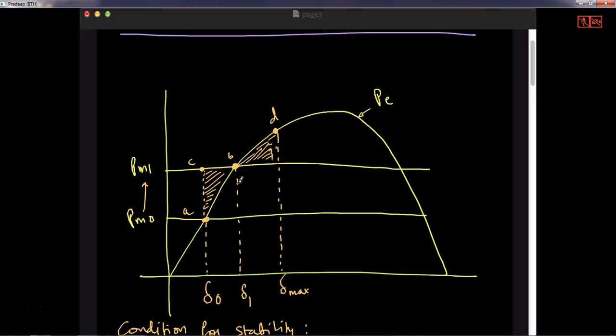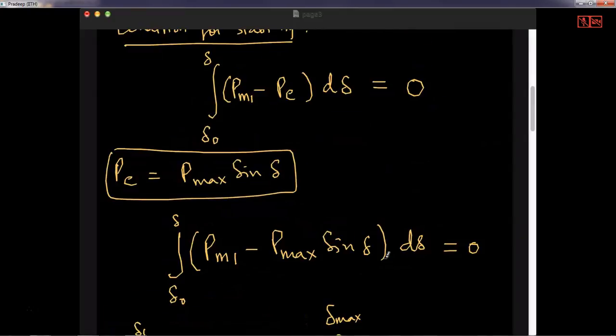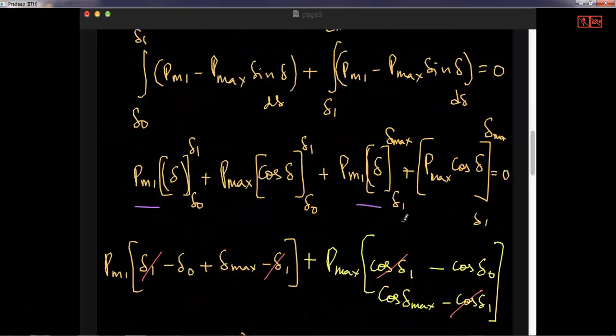Pm1 is nothing but, at this point, P max of sine delta 1. So let's go forward.